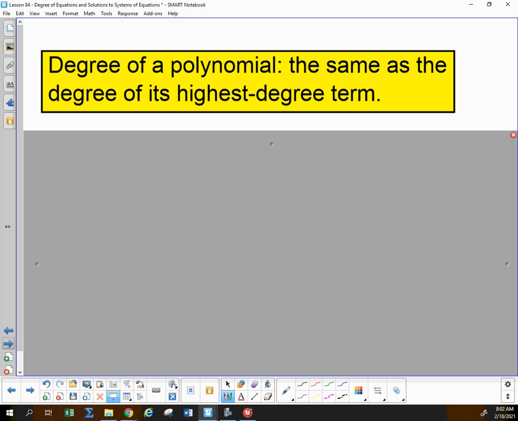Okay, if we have a polynomial, so that means we could have more than one term, something plus something minus something, we look at all of the terms, and we're going to take the biggest degree for any of those terms.